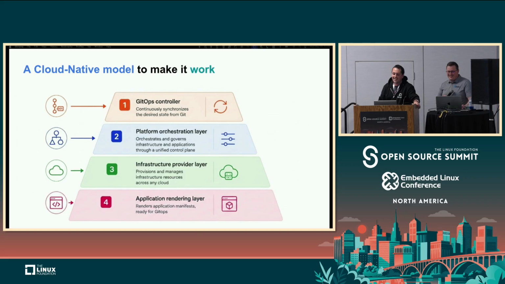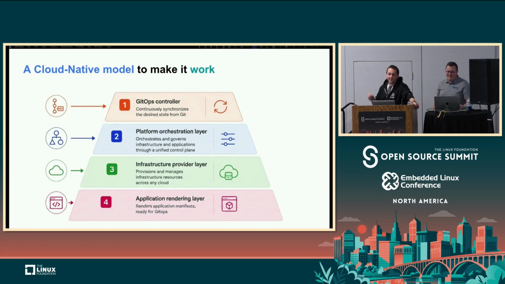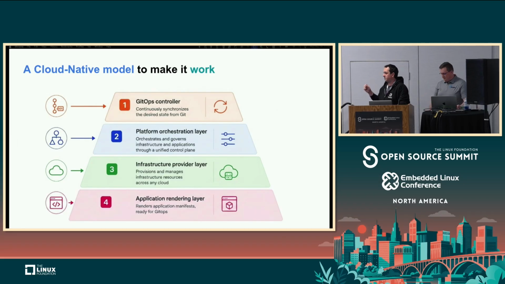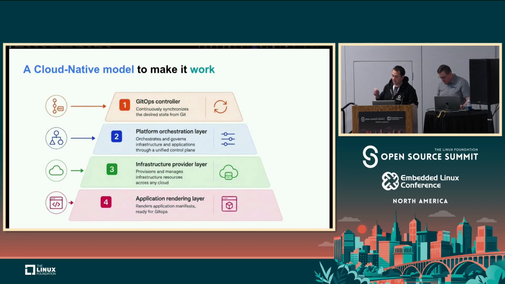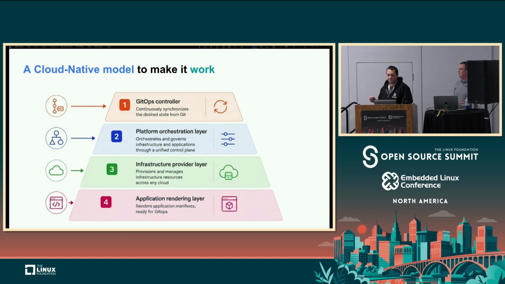All right, so before we look at the CNCF projects that will enable us, let's first look at what we want to build using our cloud-native principles. There are 4 major building blocks in achieving this architecture to unify applications and infrastructure in the cloud-native model.